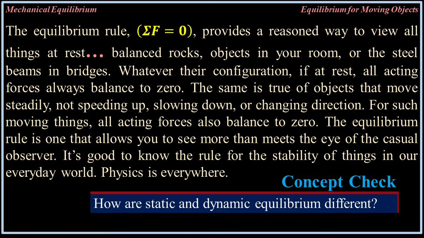For such moving things, all acting forces also add to 0. The equilibrium rule is one that allows you to see more than meets the eye of the casual observer. It's good to know the rule of the stability of things in our everyday world. Physics is everywhere. How are static and dynamic equilibrium different?